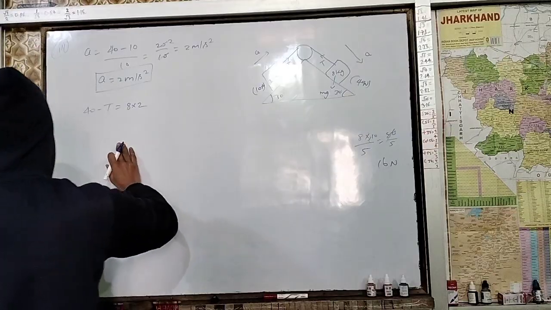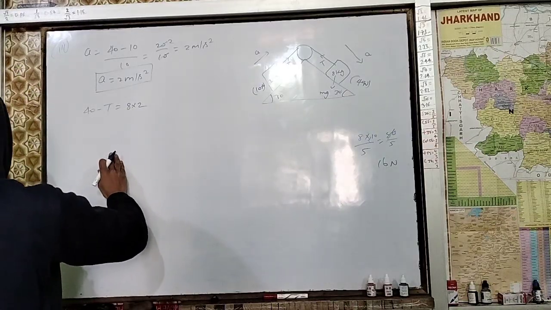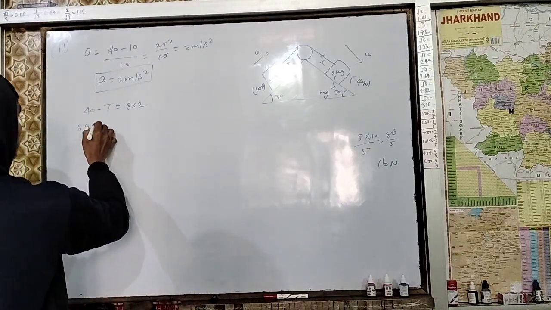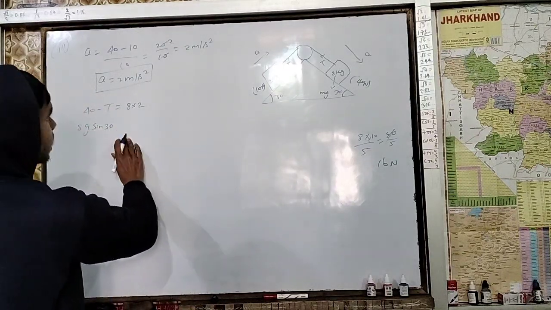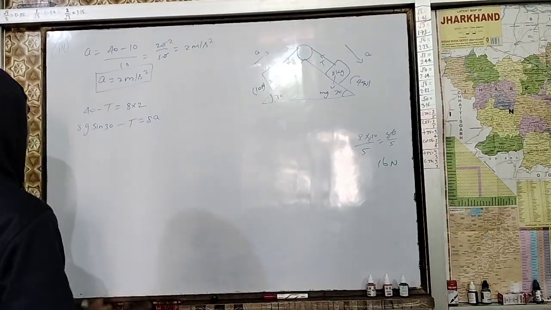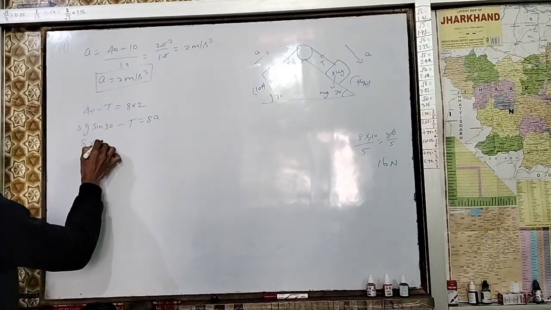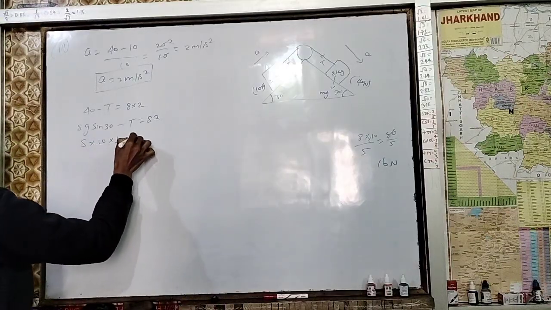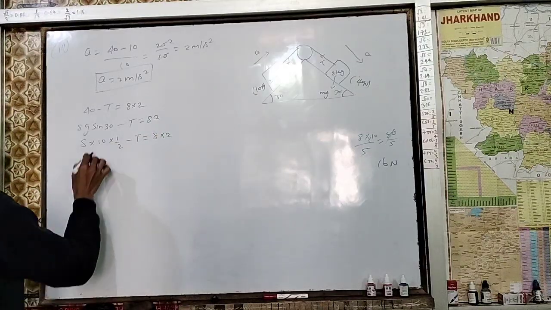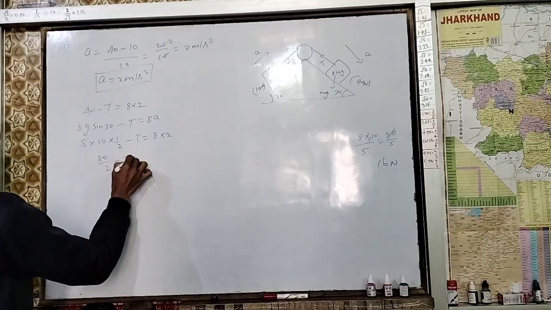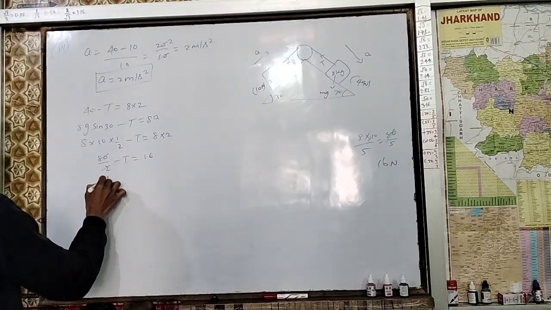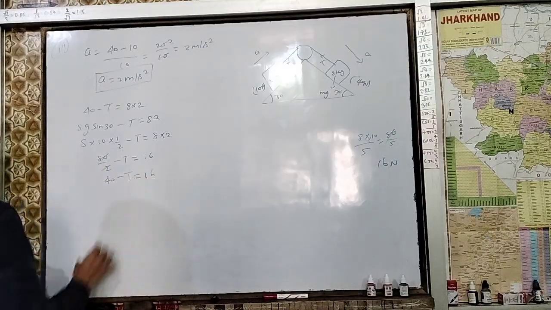Eight z sin 30. Okay, 8z sin 30 minus T is equal to 8a. 8 multiplied by 10 multiplied by 1 by 2 minus T will be equal to 8 multiplied by 2. 8a upon 2 minus T is equal to 16. 40 minus T is equal to 16.